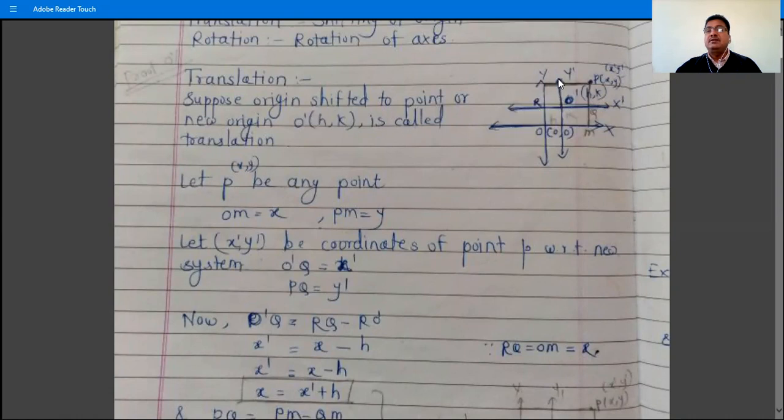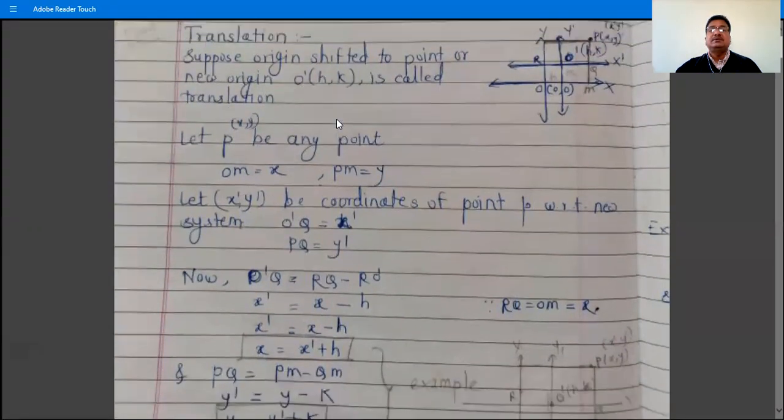And then what is the new system? The new system is the X dash axis and Y dash axis. Actually these are the X axis and Y axis after shifting the origin to the new point. Without rotating the axis means Y dash and Y are parallel, X dash axis and X axis are parallel, so it's called translation.